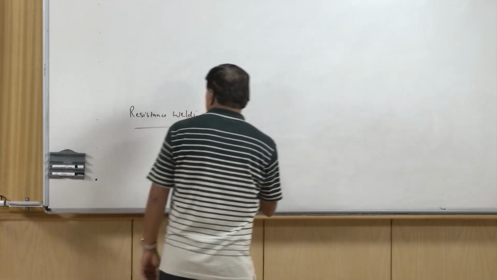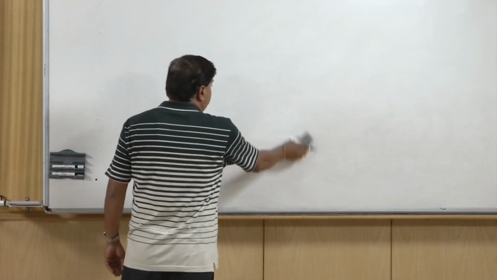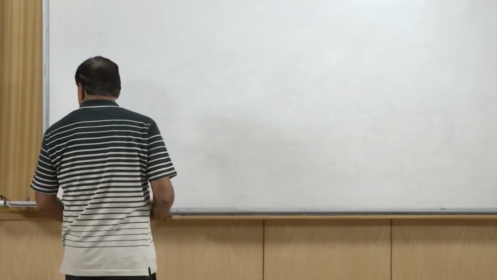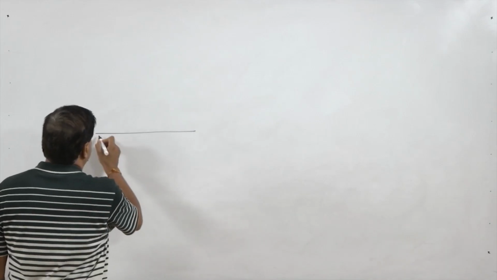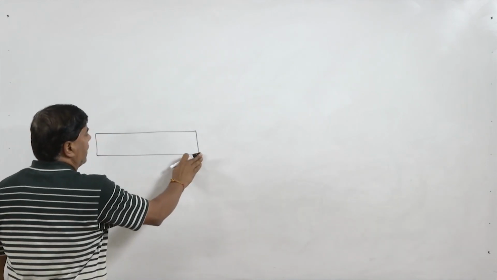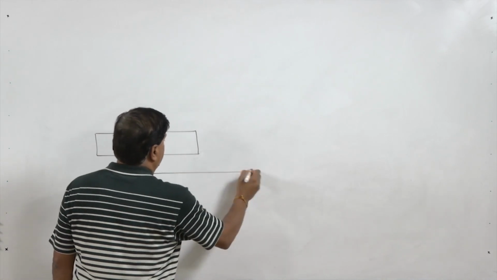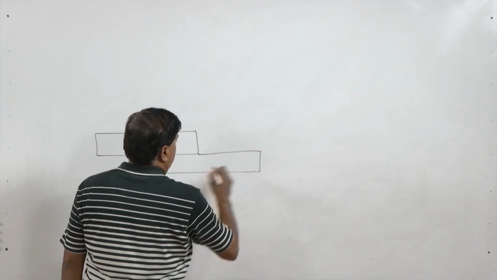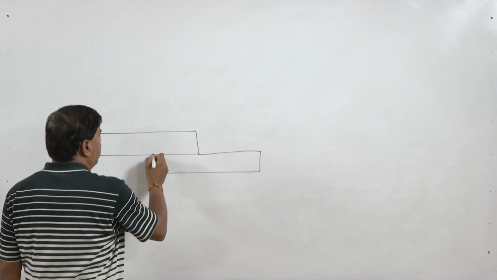In which way is the joint developed, and what is the underlying principle in developing the joint using resistance welding processes? In this case we take two sheets to be joined, mostly kept in a lap joint configuration like this, so there will be one contact interface.